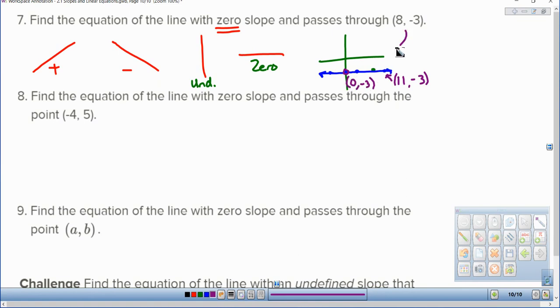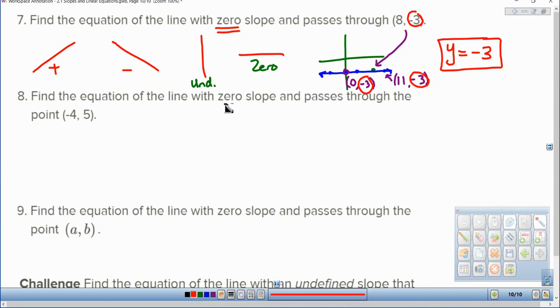And of course, this one is the 8, negative 3. What do you notice? You'll notice that the y value is always the same number. The y value is negative 3. Every horizontal line has the same y value the whole time. It never goes up or down. So its y value would always stay the same. And so a horizontal line is just going to be y equals negative 3.